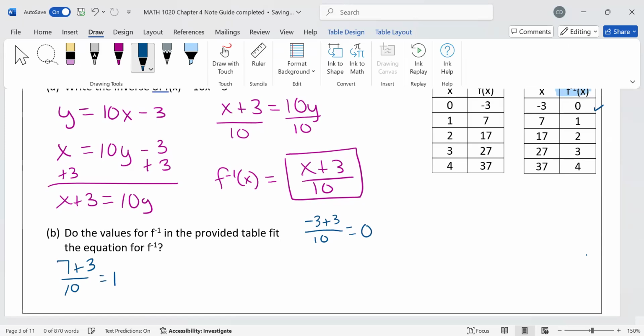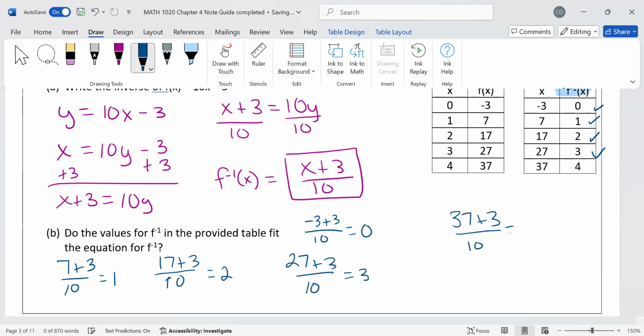That gives me 10 over 10, which is 1. Let's plug in a 17. So that's 20 over 10, which gives me 2. Again, a 27 gives me 30 over 10, which is a 3. And then finally we end up with 40 over 10, which gives me a 4. So yes, they do fit into the equation.